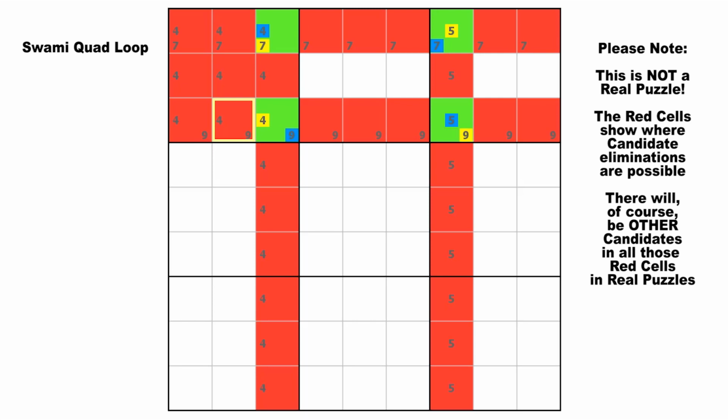Okay? And likewise, because the blue and the yellow 5 lie within block 3, there can't be any other 5s in block 3. So these 5s would be false. Okay, so you can make all those candidate eliminations in the red cells in those 6 houses.